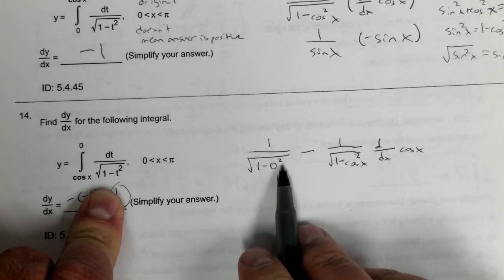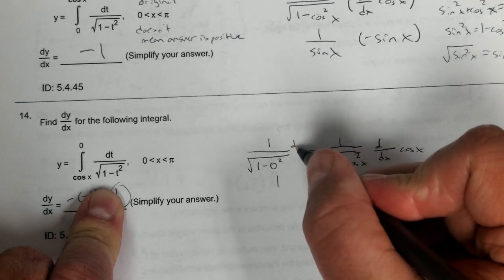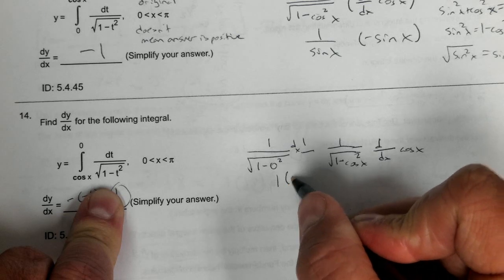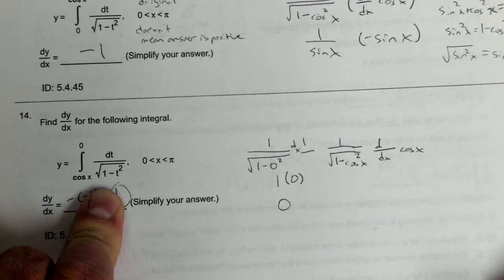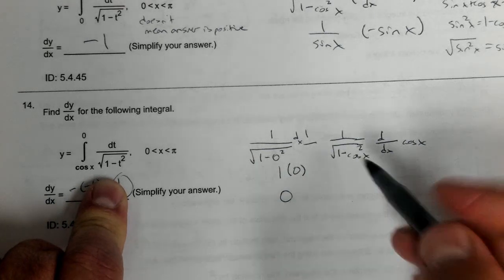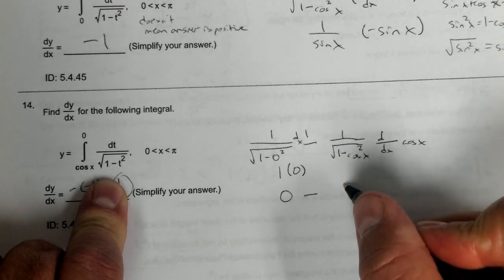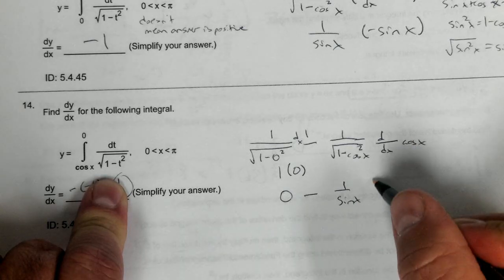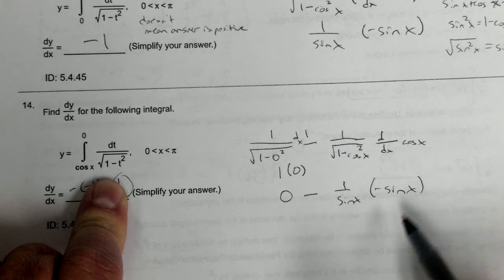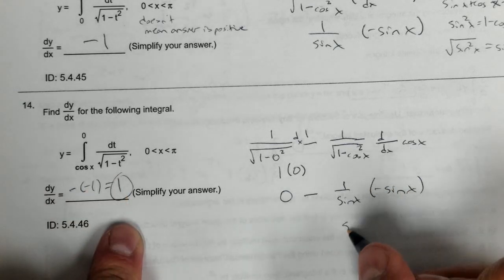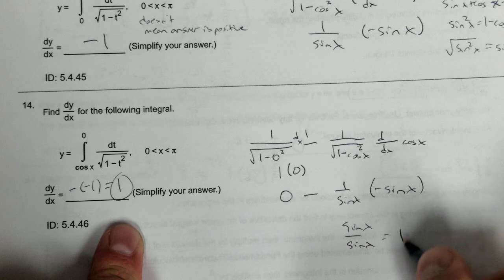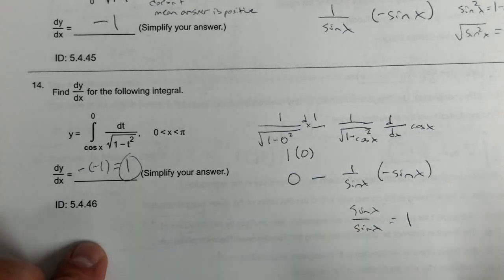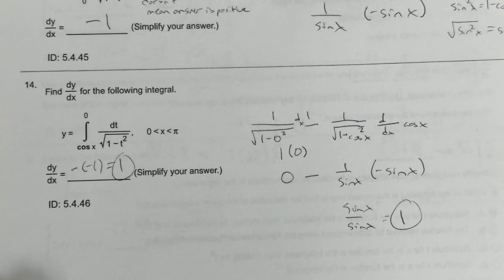By the way, I think over here I forgot to do the derivative with respect to x of 1. And the derivative of any number is 0, so this 0 is going to go away. And we have a minus sign, and this we know is 1 over sine x. And the derivative of cosine is negative sine x. So the negatives cancel, and so you get sine x over sine x, which is 1. So that does work out to be right. It's 1. Okay, I hope that helps.